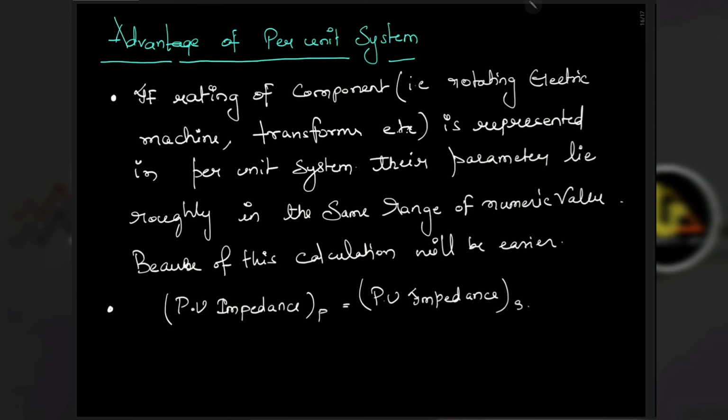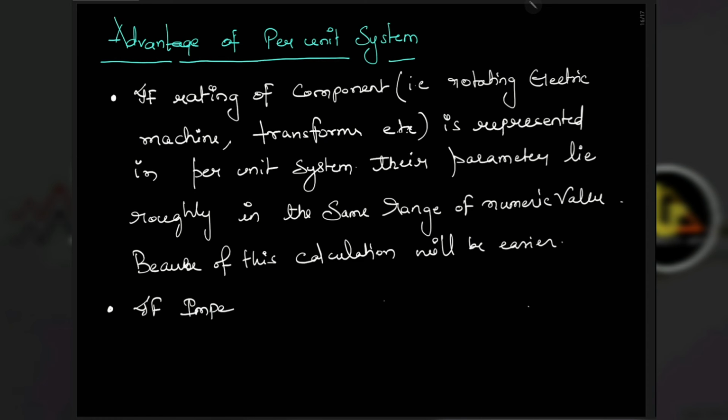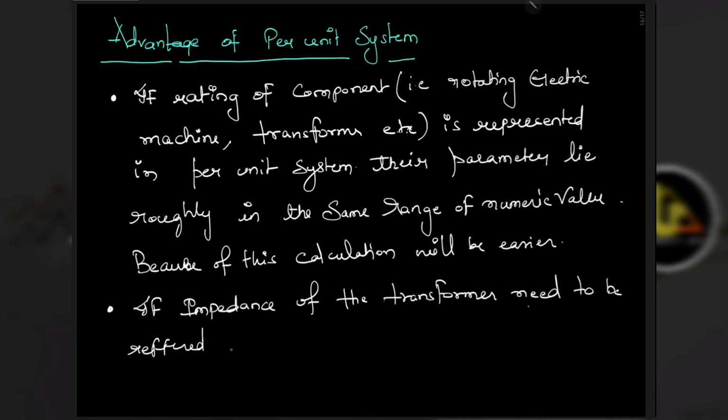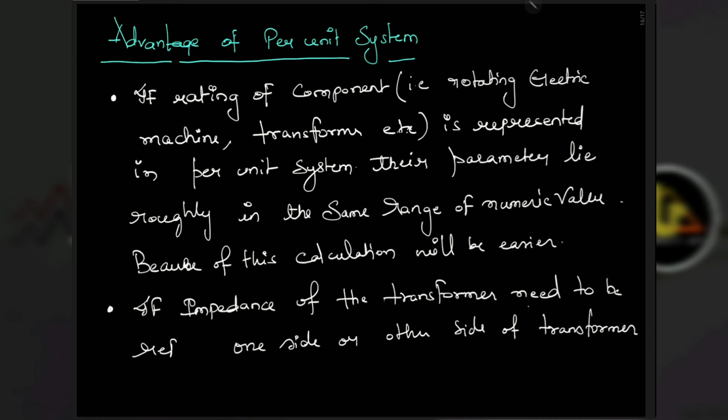So if the impedance of the transformer needs to be referred to one side or the other side of the transformer, either you refer the impedance in the primary side or the secondary side, you need to refer those impedances to either the primary side or the secondary side, but this will make your system more and more complex, right?